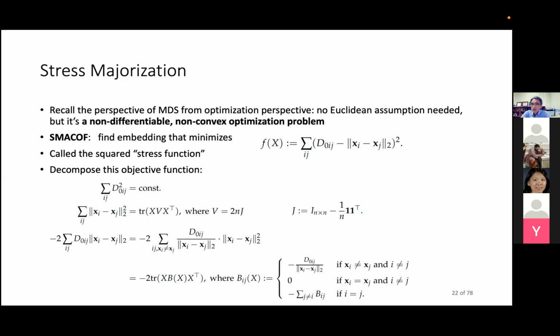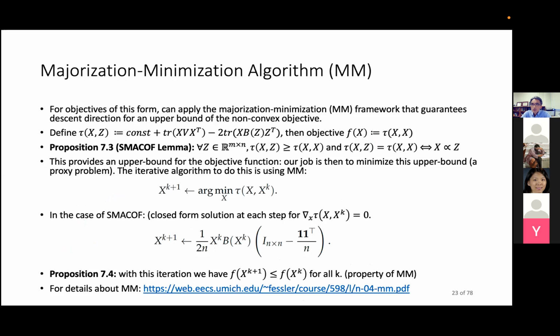Could you go to slide number 23? So what are the exact computations we need to do here? I'm looking at the second iteration step. The first iteration step is just a high-level intuition of what we are trying to do.